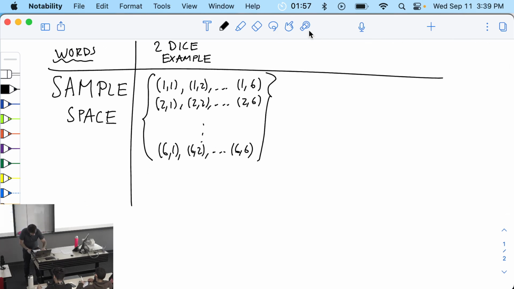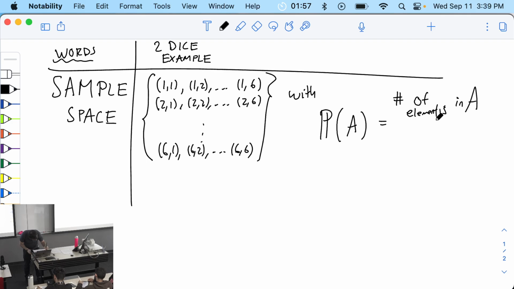So the probability of something is going to be the number of things, let's call them elements, in A divided by, in this case, 36, but in general, it's the size of S. So let's call this thing S, and we'll say the number of things in S. I'll write it like this, the number, and then these lines, and you count up the number of things in S.